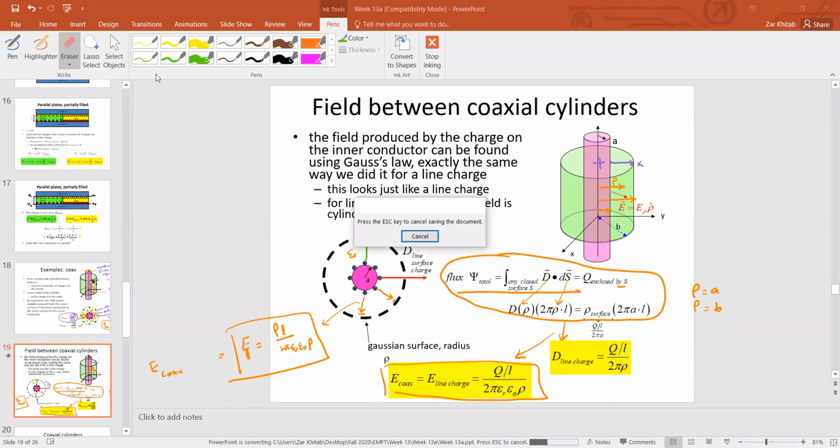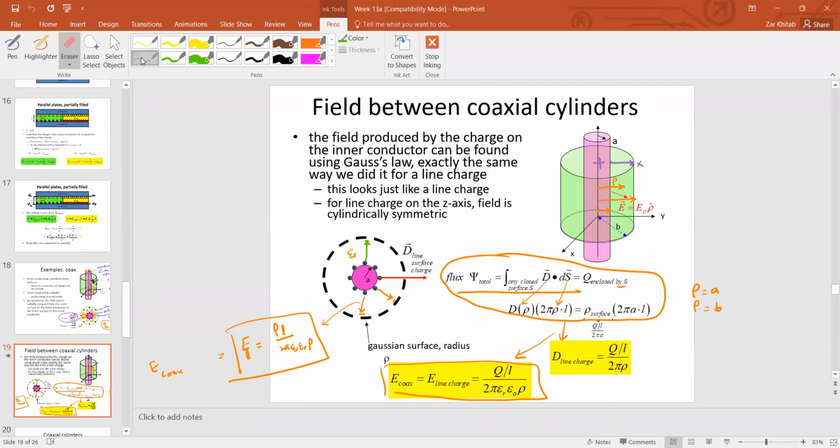Wait a second. Okay, see, this is the electric field of a coaxial cable. Now, can we calculate the voltage of this electric field? Remember, the voltage is minus the integral of E dot dl. dl is the path.